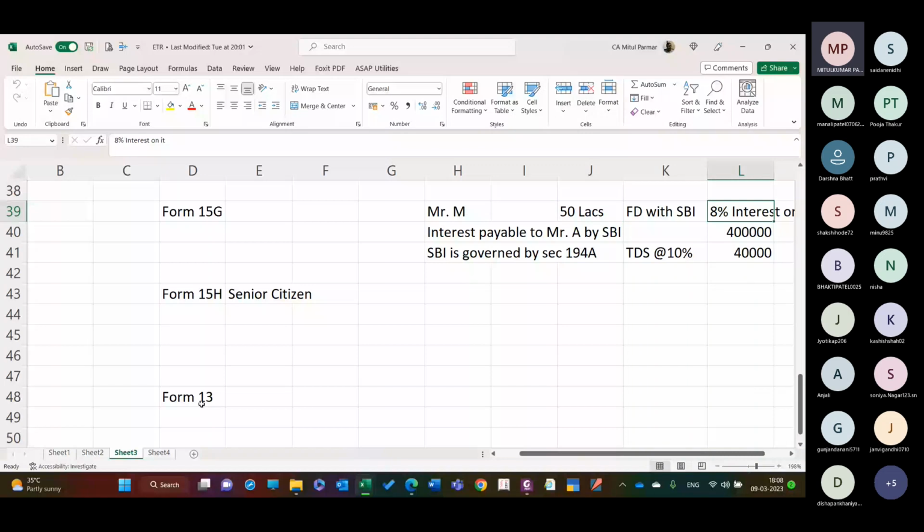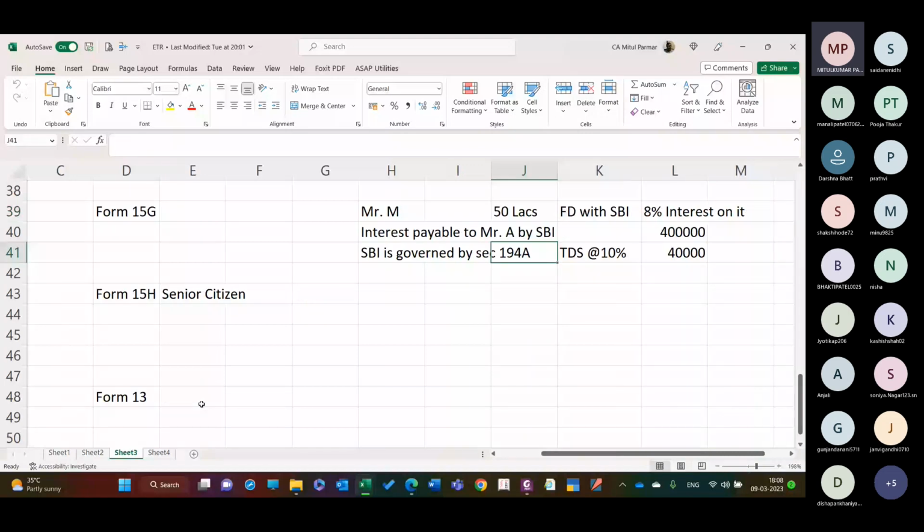The person who is making the payment will deduct the TDS, but his income in the previous year is not exceeding the amount which is chargeable to tax. So in that circumstance, if Mr.